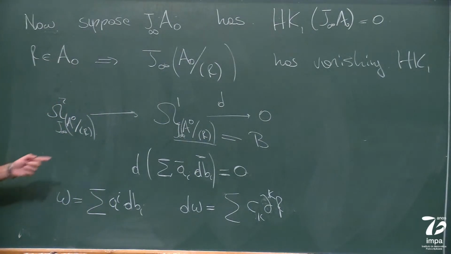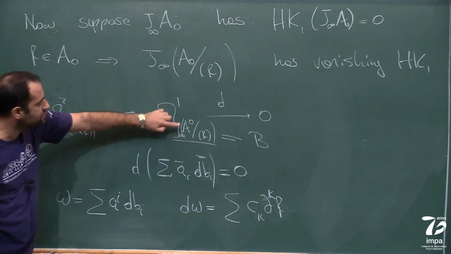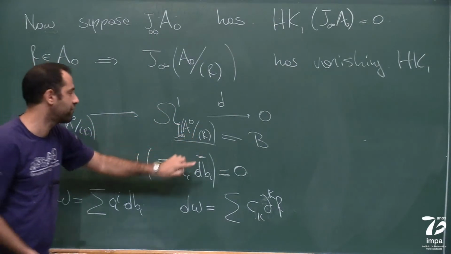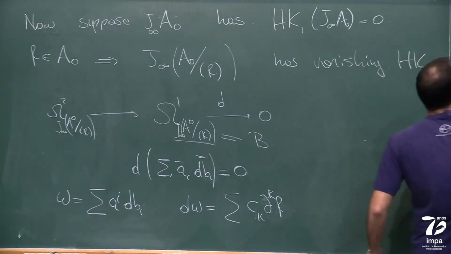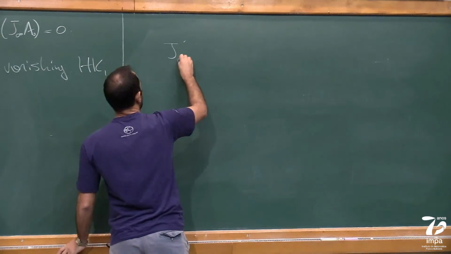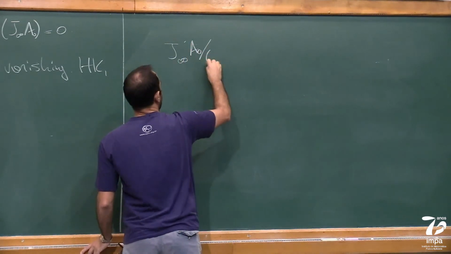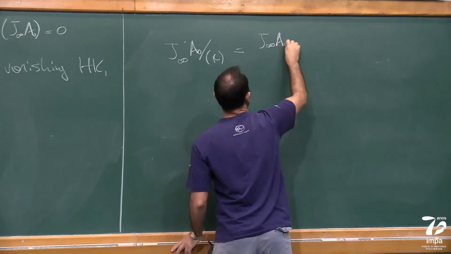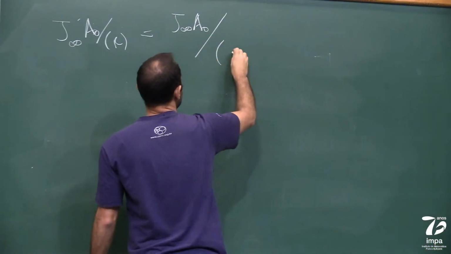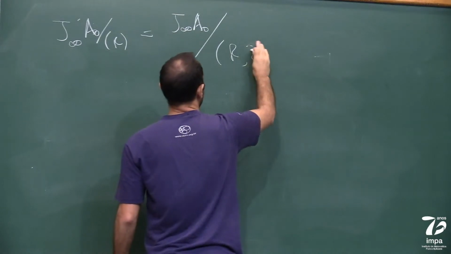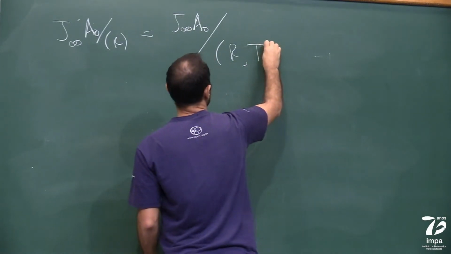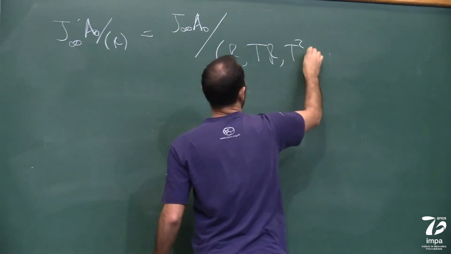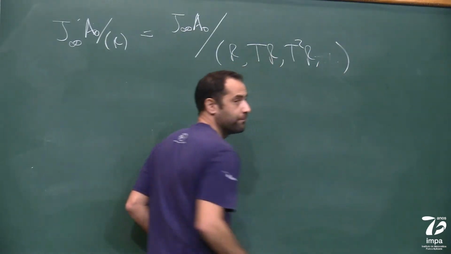Remember that Anne proved that the arc space of A0 divided by F was a quotient of the arc space of A0 divided by the ideal that is generated by F, T of F, T squared of F, and so forth.